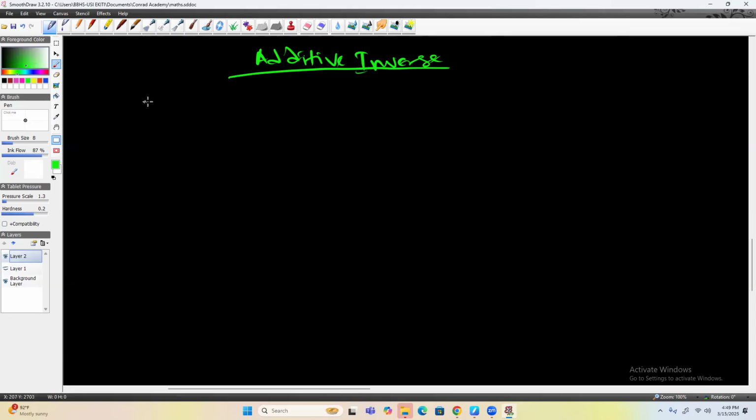For example, if I have 2, now, the additive inverse of 2, 2 is positive. Its additive inverse is the opposite of what we have. What is the opposite of positive?